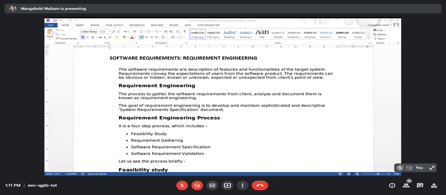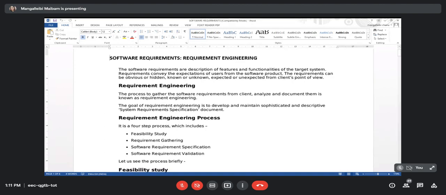That is software requirement specification. So once again, requirement engineering is nothing but collecting all the requirements and information from our client so that we can analyze the requirements and resources, and then finally document them. This process of documenting the requirements is known as requirement engineering.